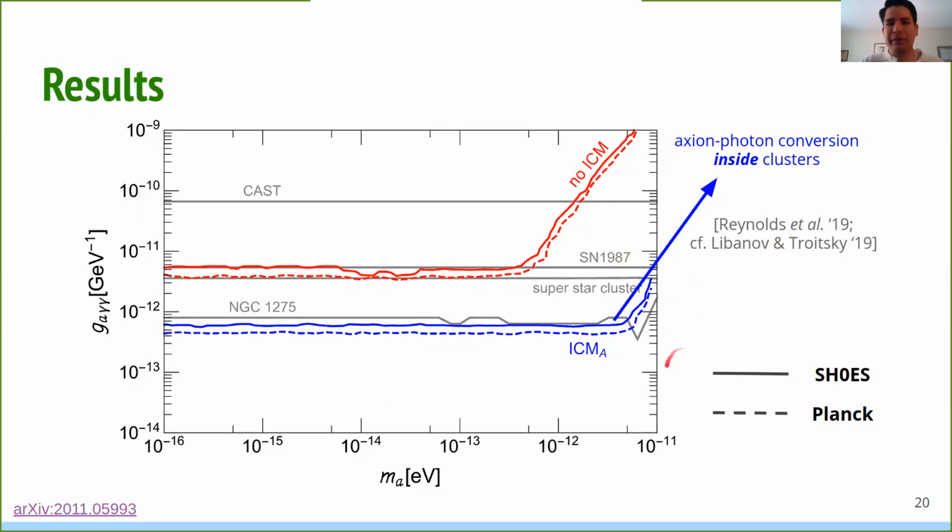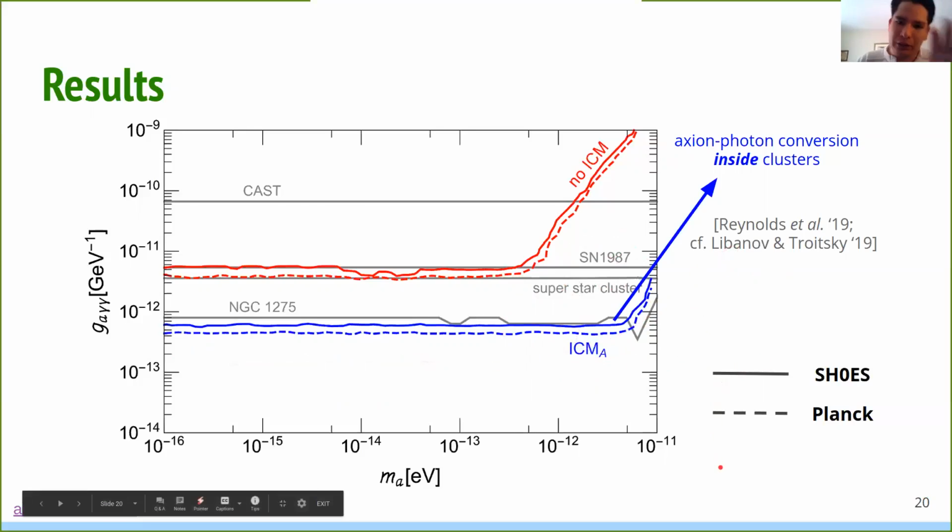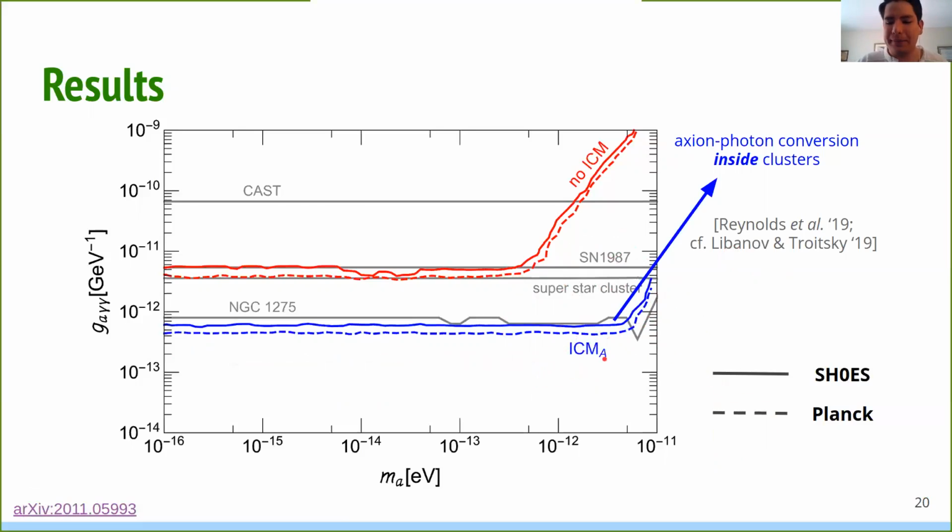You can look at these references, but if you consider this, there's an extra suppression or extra dimming of the light from the clusters, right? The X-rays from the clusters, which boost your bounds on the coupling of the photon to the axion. So this is the blue lines. And similarly, whether you trust the Riess value for H0, that's the solid line, or whether you trust the Planck value, that's the dashed line.